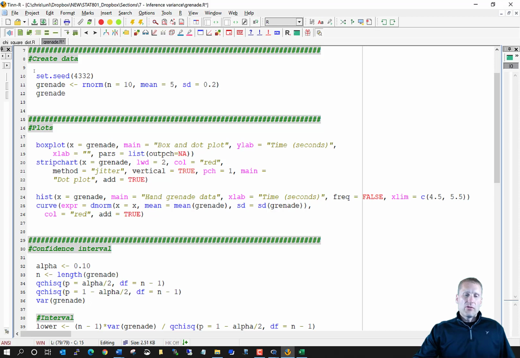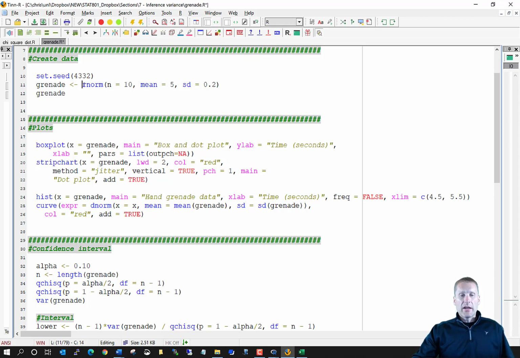Well, let me first show you how I got the data itself. This isn't real data. I simulated it, meaning that based upon our corresponding probability distribution assumptions, a normal distribution, I'm going to have R simulate 10 different values, like simulating the process of sampling 10 of these grenades.